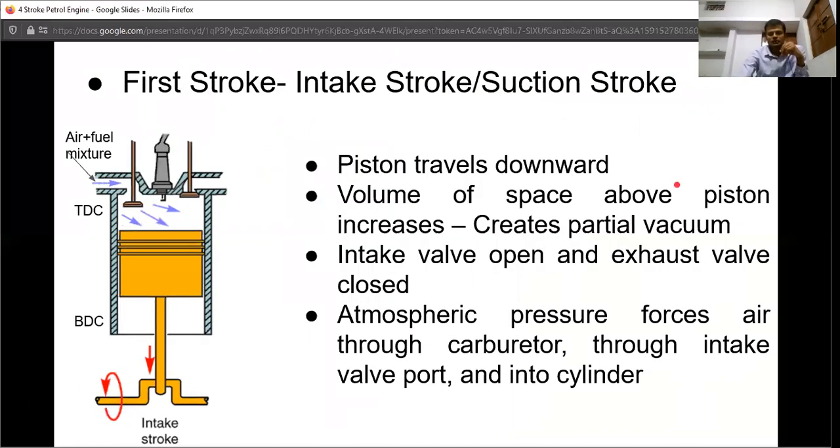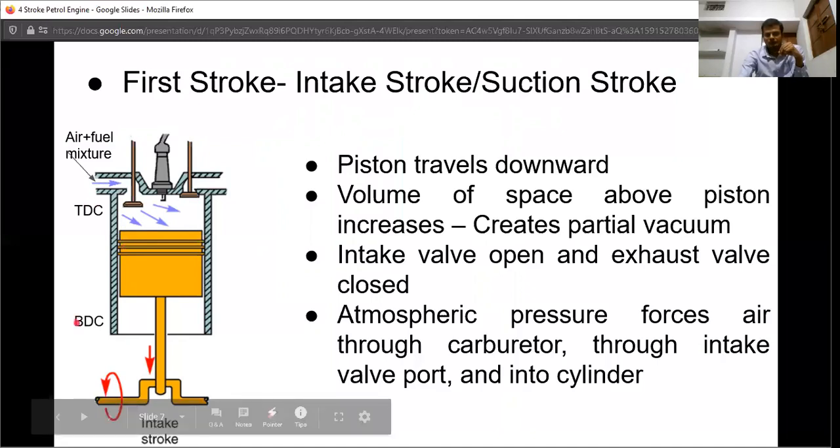First stroke, intake stroke or suction stroke. During this stroke, this is top dead center and this is bottom dead center. The uppermost position of the piston is called top dead center and the bottommost position is called bottom dead center. The piston moves from top dead center to bottom dead center.